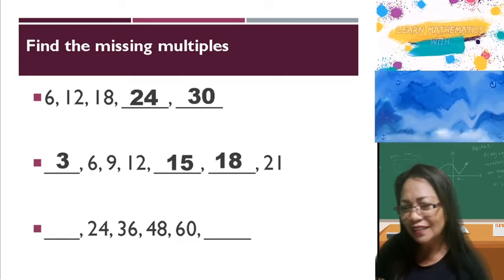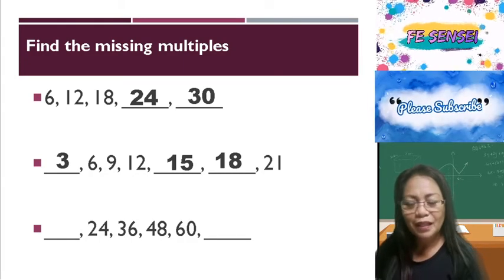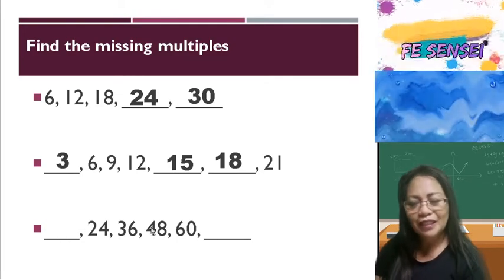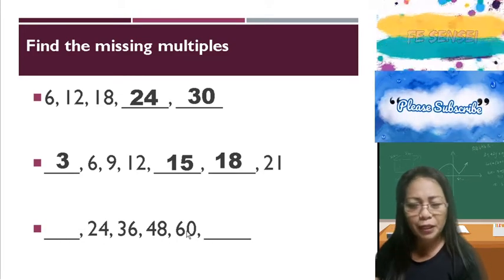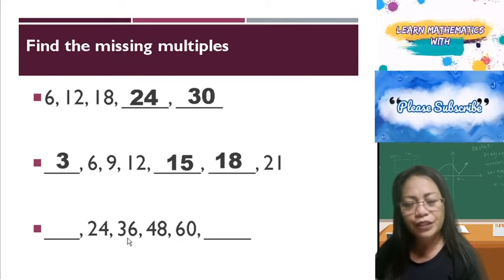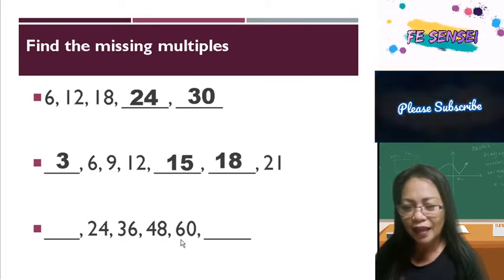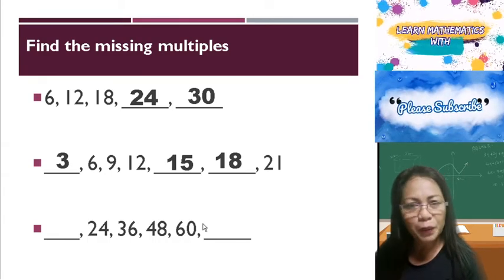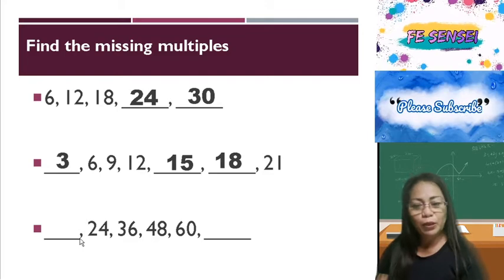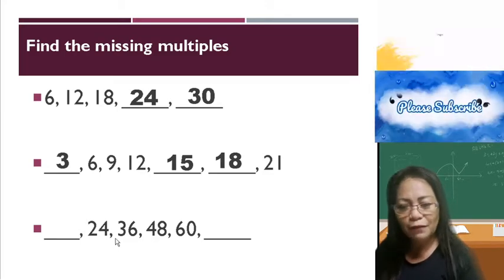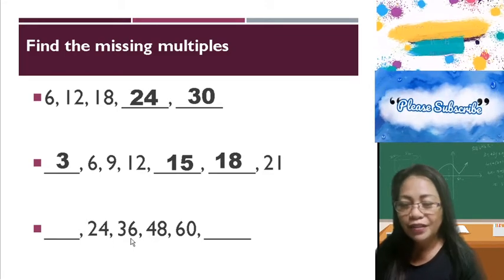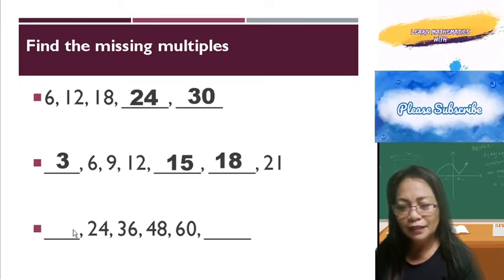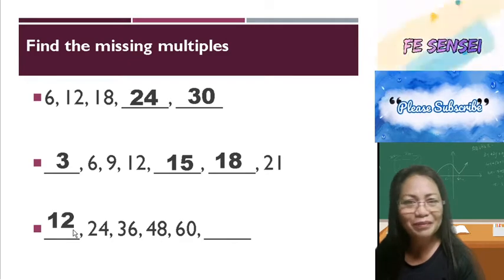How about the last example? How to find the first number and the last number? So, let's examine the numbers. 24, 36, 48, 60. What do you think is the first number and the last number? To get the first number, subtract 24 from 36. 36 minus 24 equals 12.